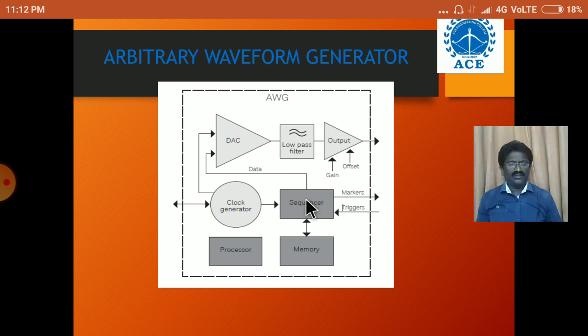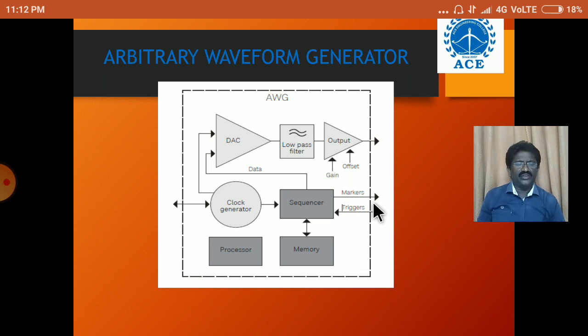So third one, markers and triggers. These are the markers and triggers. Marker outputs are useful for triggering external equipment.